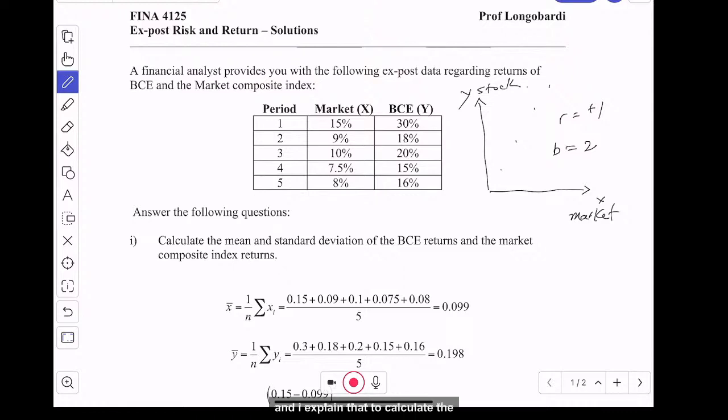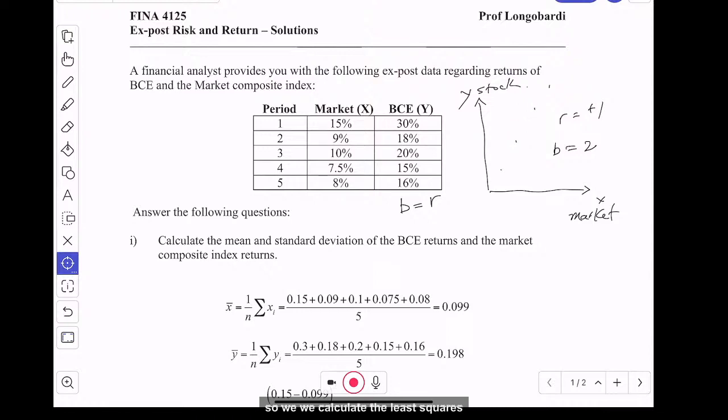And I explain that to calculate the slope, we use the results of calculus that tell us when we optimize, we're saying we want the line that fits closest to all of the points. We are going to minimize the residual of being off that line.